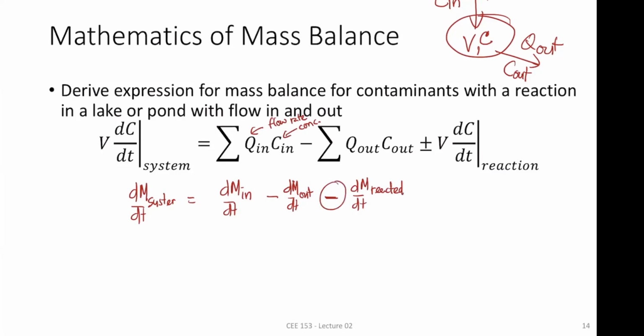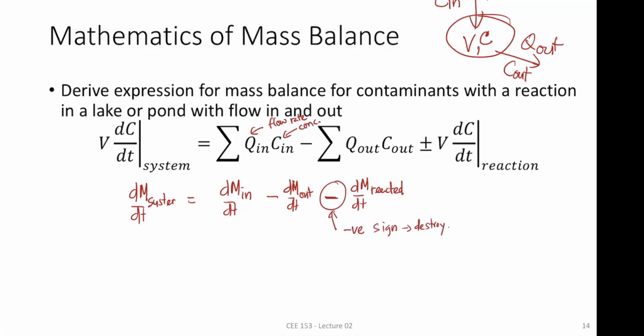The reason I put a minus sign is because I'm assuming the reaction destroys that contaminant. So the negative sign means it's a destruction, the reaction destroys the contaminant of interest.